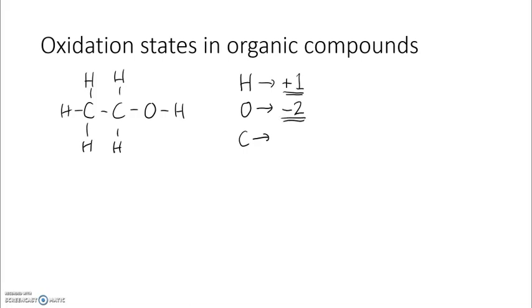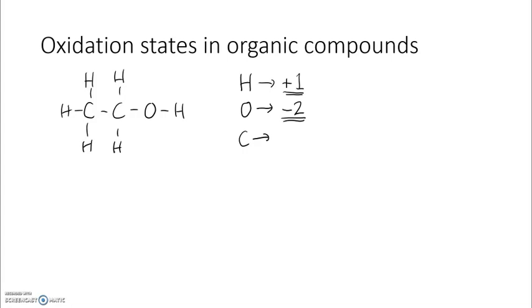Now, carbon in the middle is a little bit more complicated, so we have to apply a general principle here that the total of all of the oxidation numbers within the molecule has to be equal to the charge on the species we're talking about. Now, because we're talking about a molecule in this case, the total charge is 0, and so the total of all of the oxidation numbers is 0.